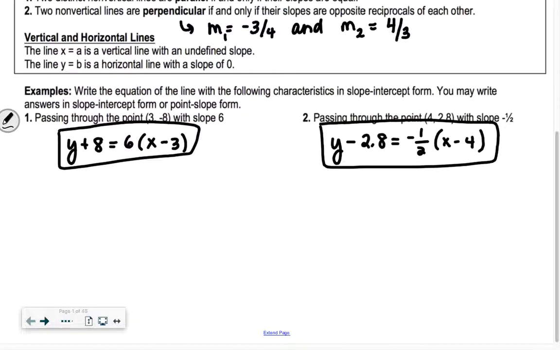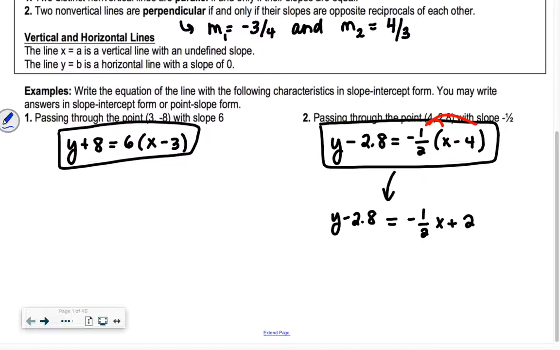Now, could you simplify it into y equals mx plus b? Sometimes you would need to, because maybe you're taking the SAT or something, and it's only in that other form, only in y equals mx plus b. Well, could you get it in that form? Yeah, you just multiply in. So you multiply that -1/2 in, and you'd get -1/2 x plus 2.